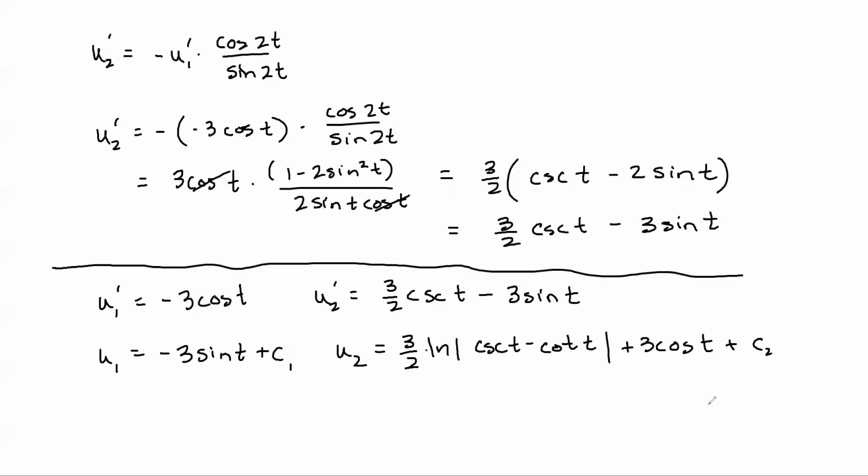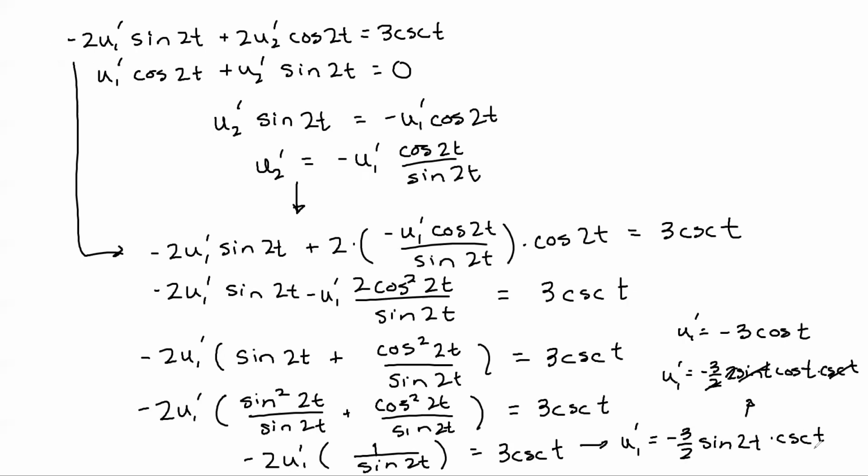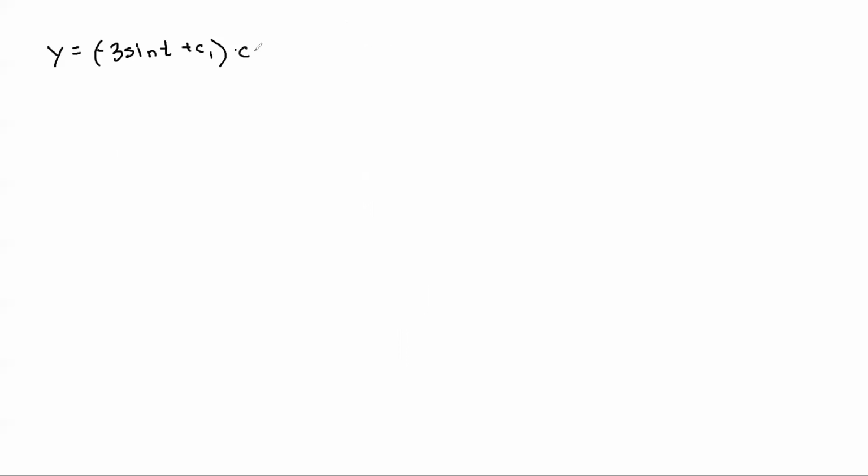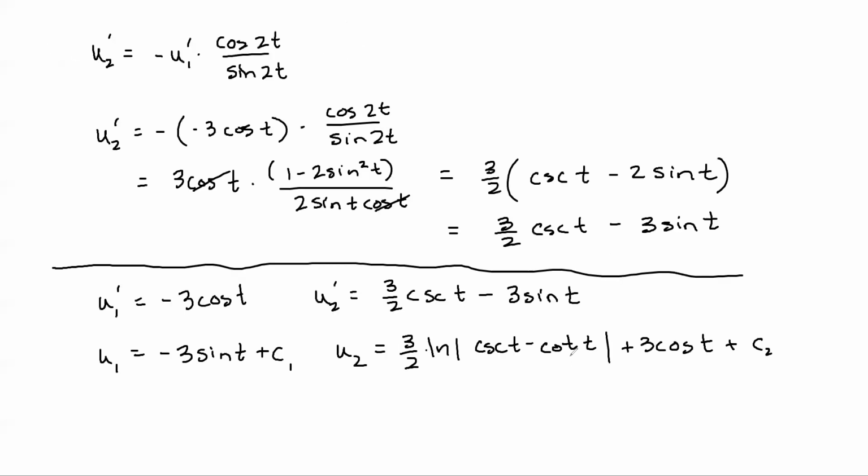It was -3 sine t plus c1, times cosine 2t. And then plus u2. u2 was this long thing.